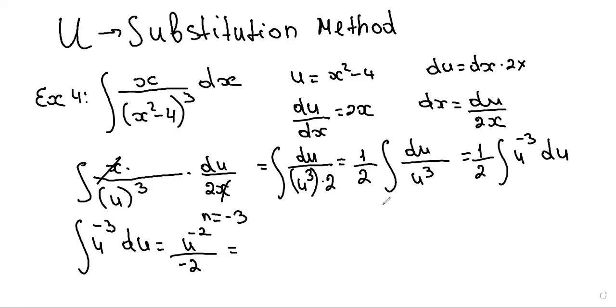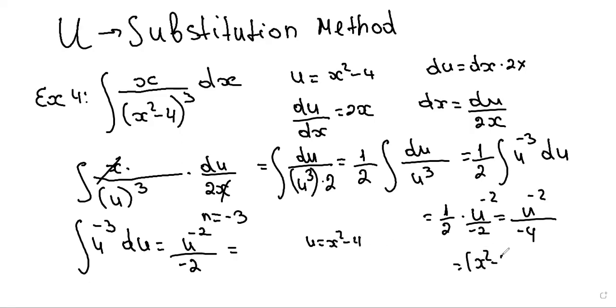So I can write 1/2 times u to the -2 divided by -2, which is u to the -2 divided by -4. Our u is x squared minus 4, which makes (x squared minus 4) to the -2 divided by -4, plus C.